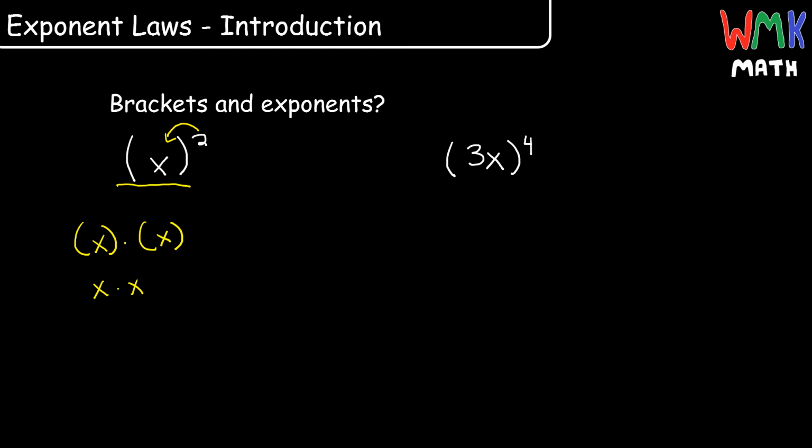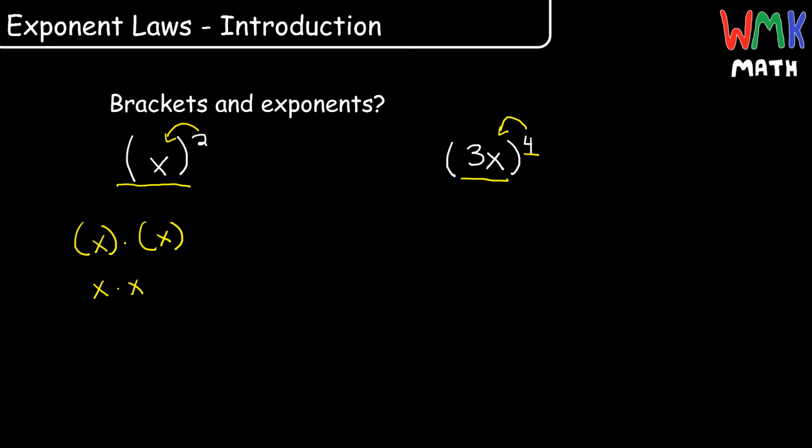That's a simple example. What about a more complex example? Let's say open bracket 3x, close bracket to the 4. What does this mean? This means that whatever's inside the bracket gets multiplied 4 times. So our base in this case is 3x, and that gets multiplied 4 times.